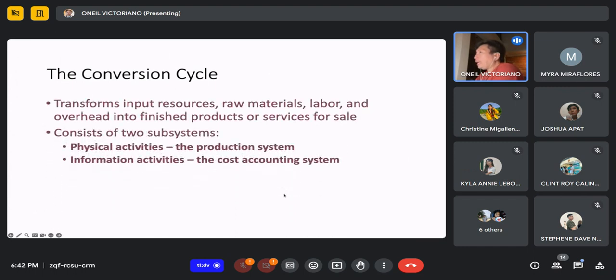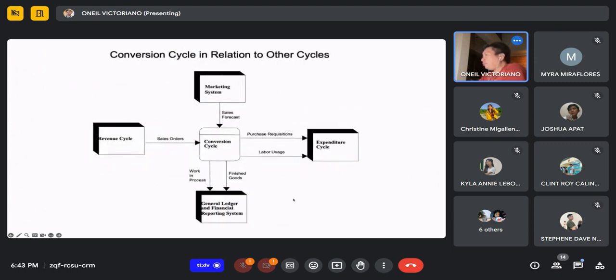So the conversion cycle refers to manufacturing firms. It does management over resources of raw materials, labor, and overheads, and the physical subsystem would be the production system and cost accounting system.